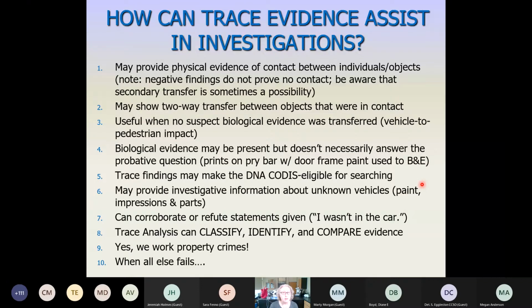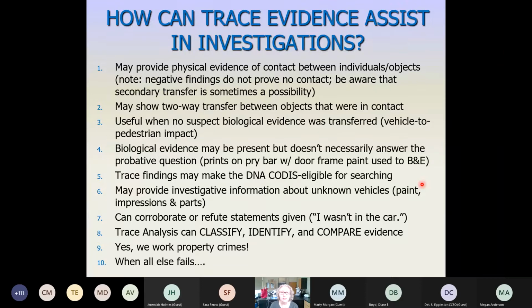So oftentimes that pry bar will be sent in for latent print work, so looking for the biological evidence of the latent prints on the pry bar, but the pry bar was taken from the trunk of the car that the suspect was driving. And so the association of the pry bar with the person isn't necessarily very helpful investigatively.